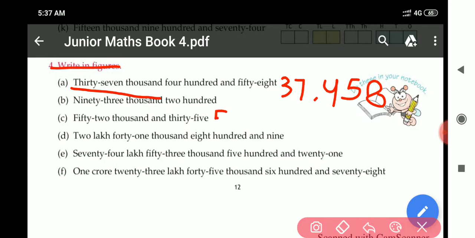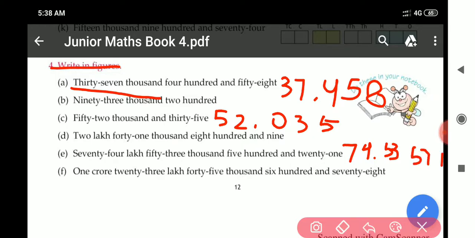Then 52,035. 52,000, the hundred place is not there, so we will put 0 and 35. Then 74 lakh 53,571. Like this we will write down the numbers.